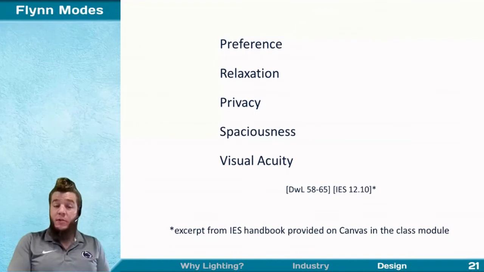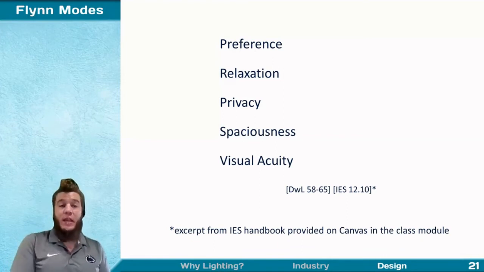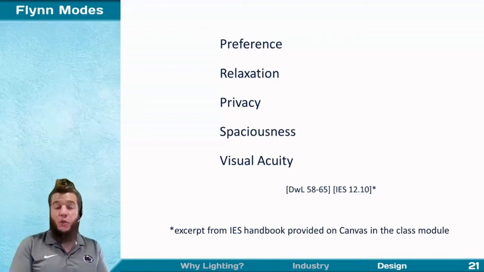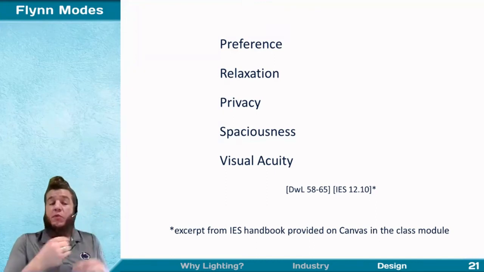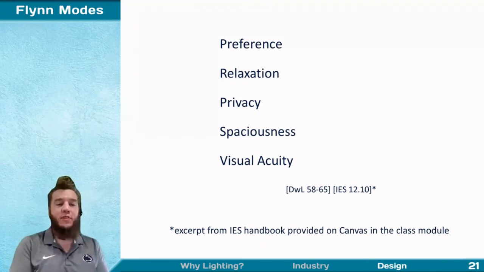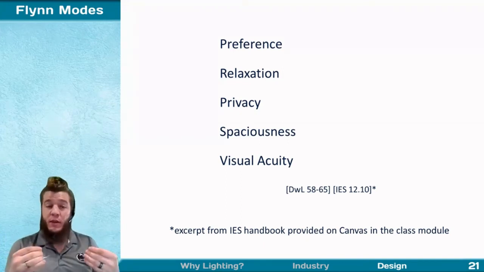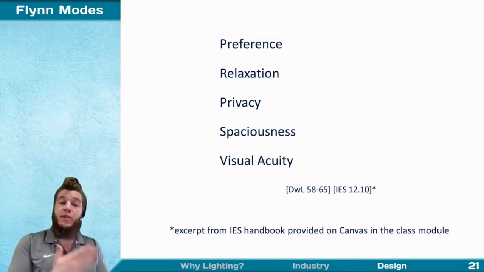Let's talk a little about Flynn modes. So Flynn modes are one of my favorite concepts in lighting design. When I first came to Penn State, it was one of the concepts that really changed the way I thought about lighting design. Now, here's a short list of Flynn's core modes, or the subjective impressions that he studied and identified specific patterns and forms of light that support these subjective impressions.